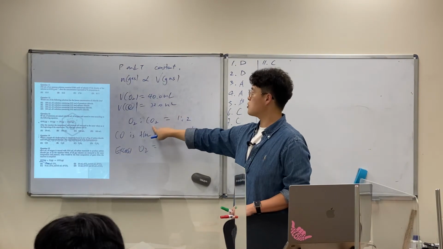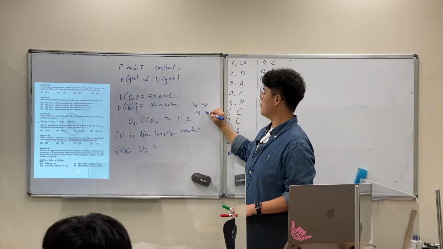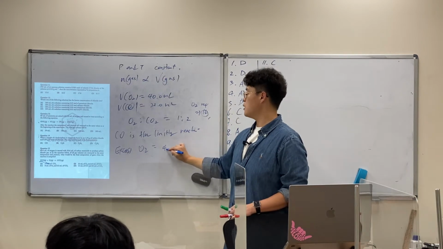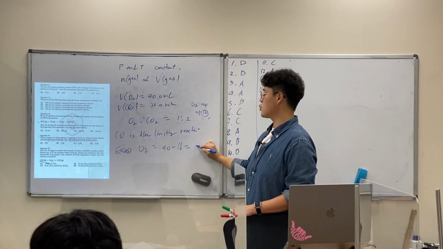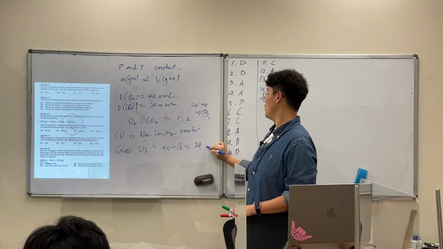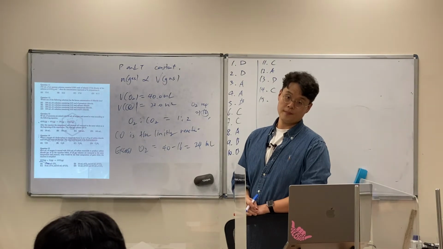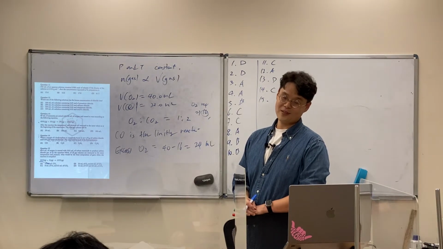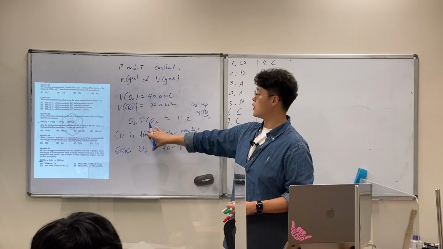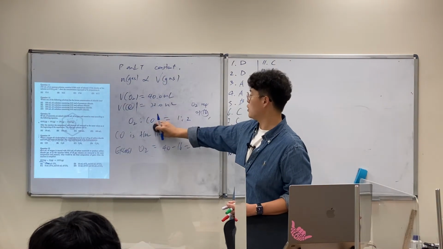If we consume all of the CO, the amount of O2 required will be 16. So 40 minus 16, that's 24 mL of O2 left over. I'm just using the reaction ratio, which is 1 to 2 between oxygen and carbon monoxide.